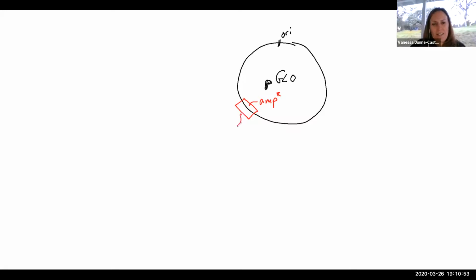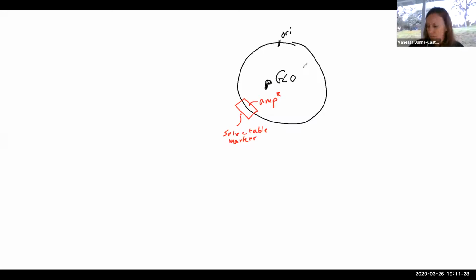This is called our selectable marker. Organisms that take up this plasmid are able to grow on media that has ampicillin because this resistance factor provides the ability to tolerate or destroy the antibiotic. This allows you to select for successfully transformed bacteria, the ones that took up this plasmid.